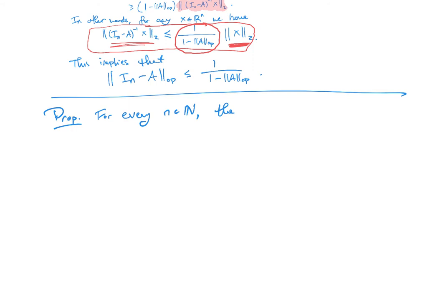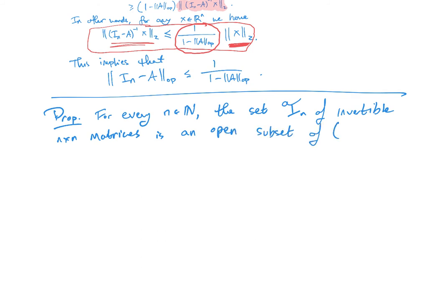For every value of n, the set, yeah, let's give it a name, I_n of invertible n by n matrices is an open subset of this metric space of n by n matrices with the operator metric.